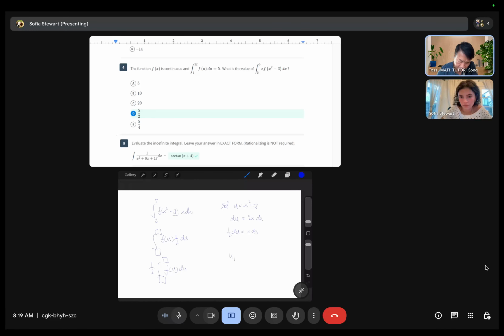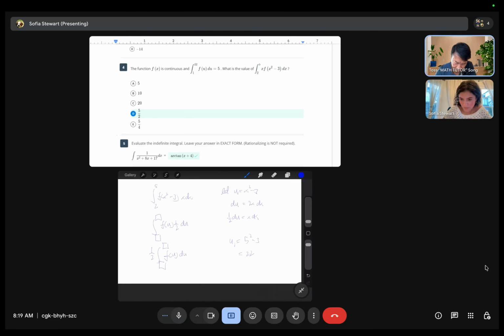You understand. So u1, I'm going to go ahead and plug in 5 squared minus 3, which is going to be 22. So that's going to be the first u. The second u, 2 squared minus 3, is 1. You agree? So it'll be 22 here and 1 here.